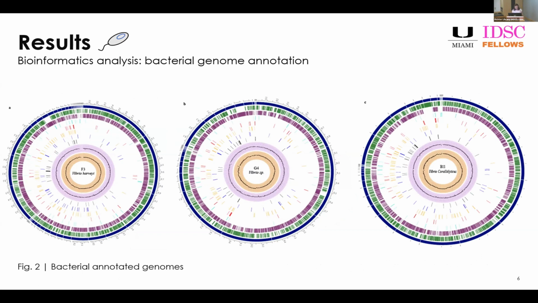The green is protein coding sequences on the forward strand, pink on the reverse strand. Then turquoise shows some RNA genes that had annotations, and then there are some other annotations, as I said, that had homology to antimicrobial resistance genes here in red, to virulence factors in yellow, to transporters in blue, and to possible drug targets in gray.